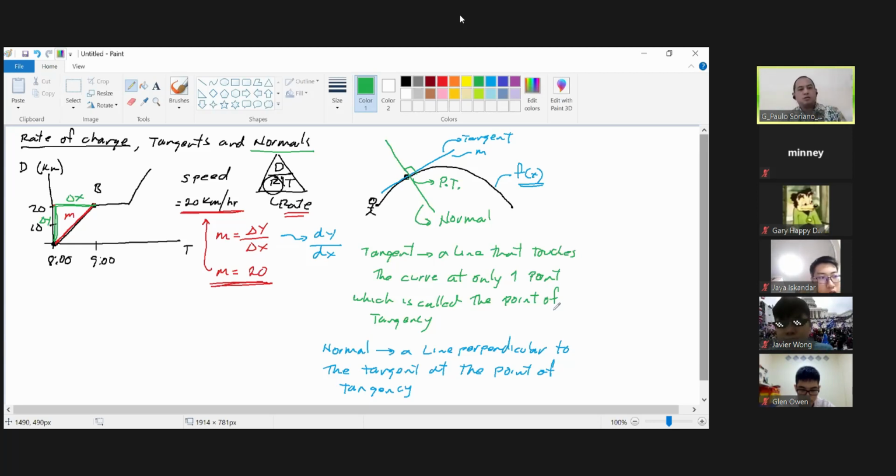So you now know what a rate of change is, which in basic terms is just speed. Okay, how fast it is. And it is now going to be defined by the gradient of a tangent if you have a curve. Next, a normal, on the other hand, is a line that is 90 degrees to the tangent that is now passing through the point of tangency. Now, take note, this is applicable in a lot of ways in physics.